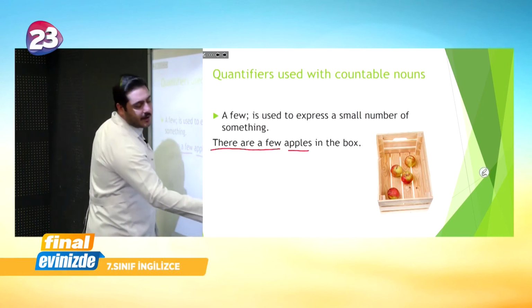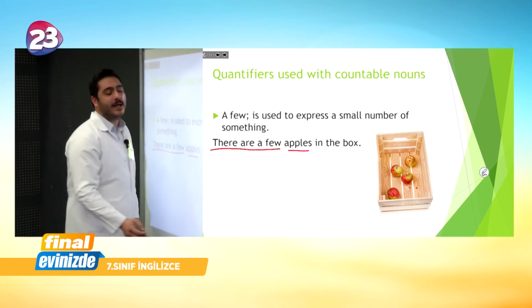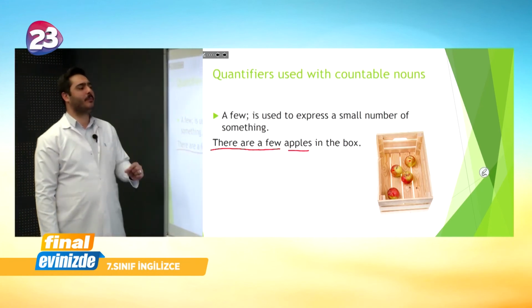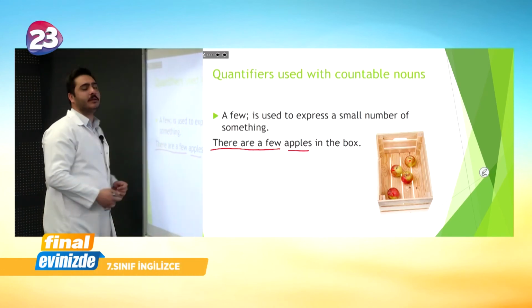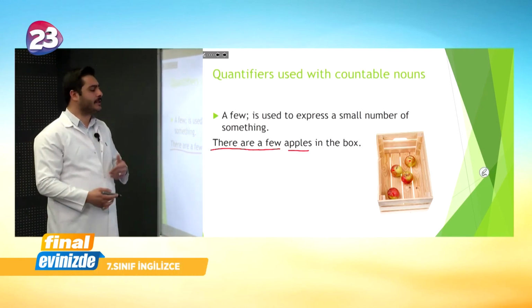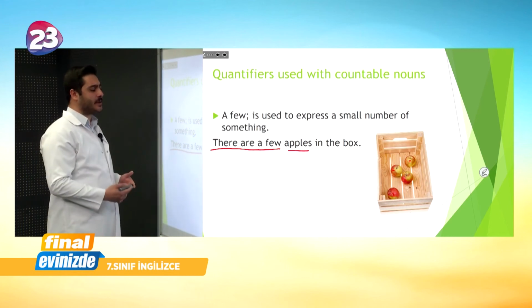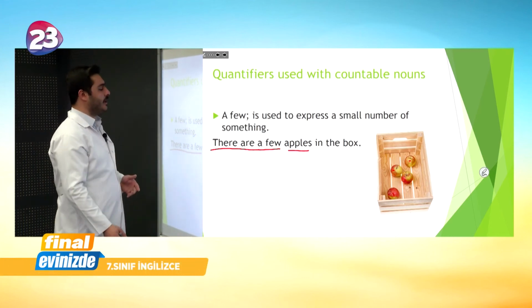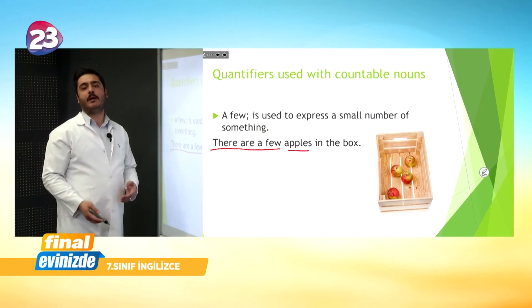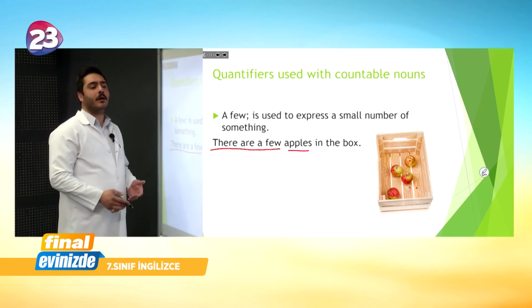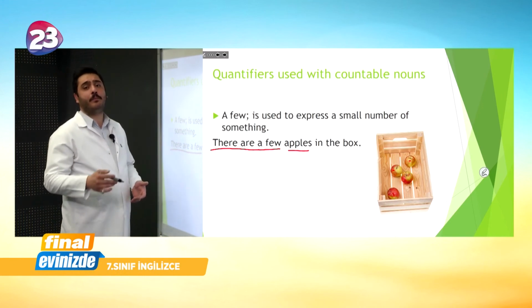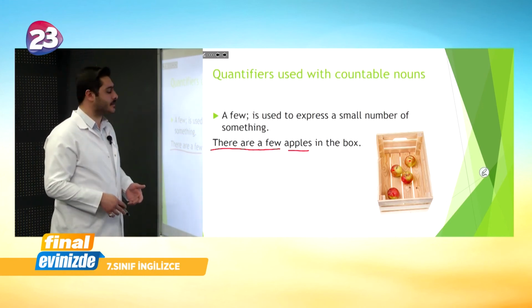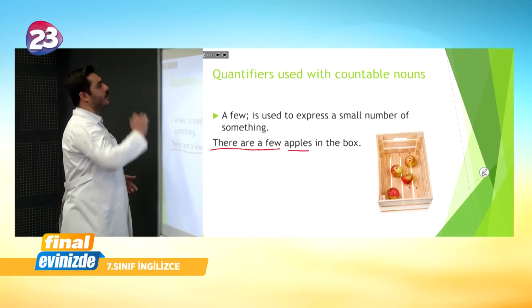You can see there are only 4 apples, so this is a small number. There are a few apples in the box. We can multiply the examples, like for example, there are a few bananas in our bag, or there are a few pencils in my pencil case, like that. We can multiply them.